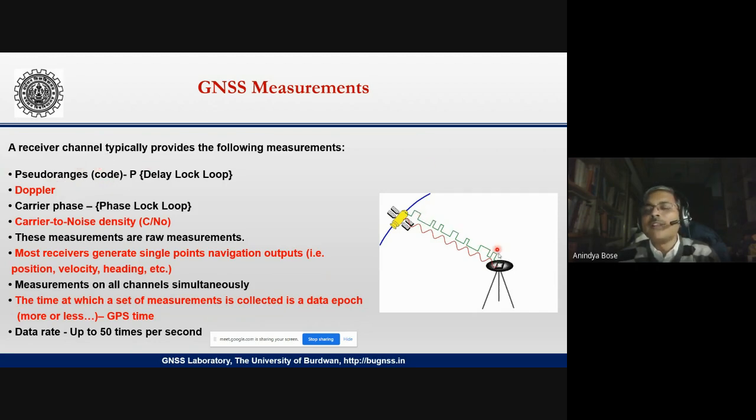We call this type of pattern a code. That means there may be two ones, then a few zeros, one, two zeros, one, like that. We use pseudo-ranges. We also measure the Doppler, because the satellite is moving. As per physical law, the satellite cannot remain static, it will move. For the young researchers, at the end I will ask a question: why should it move?